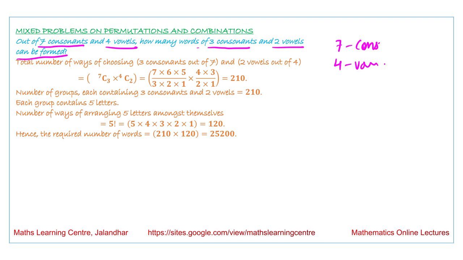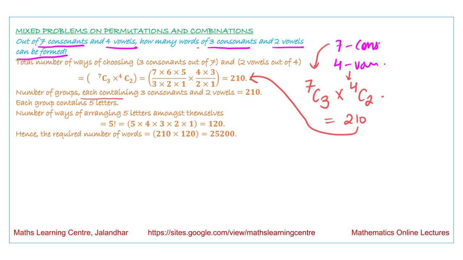We have to choose 3 consonants out of these 7 consonants, and 2 vowels out of these 4 vowels. So the answer we obtain is 210. So the number of groups each containing 3 consonants and 2 vowels is equal to 210.